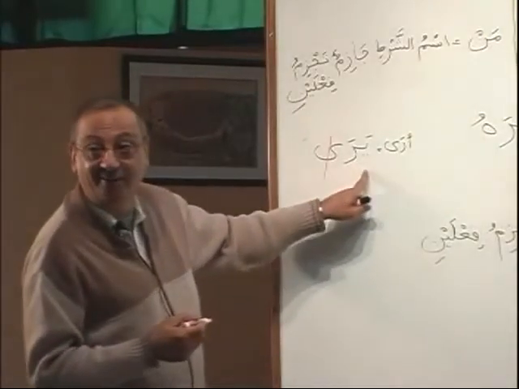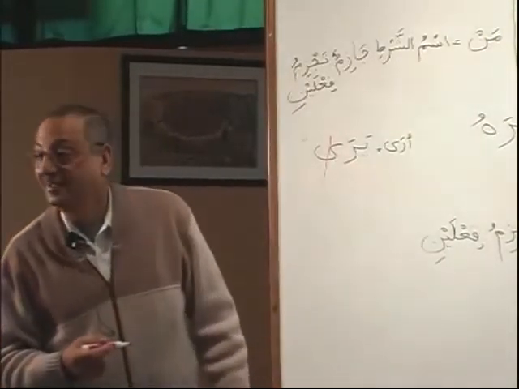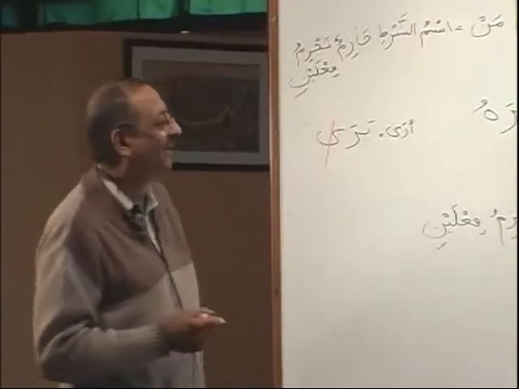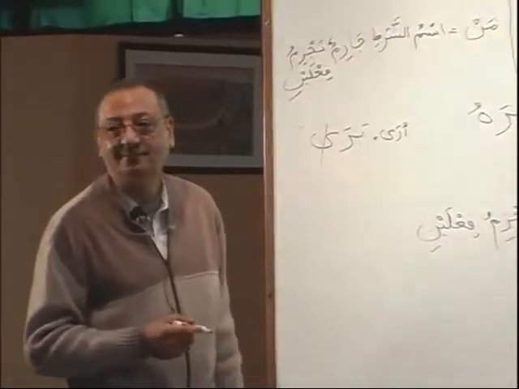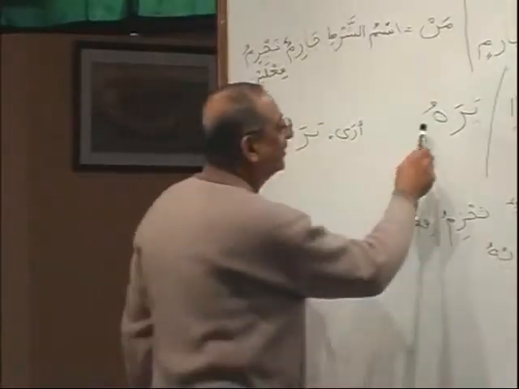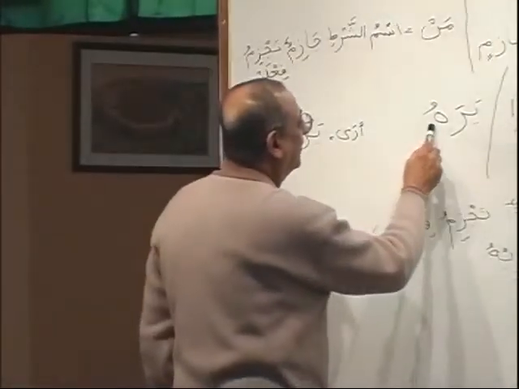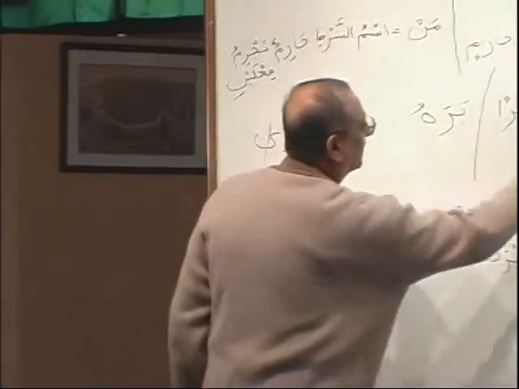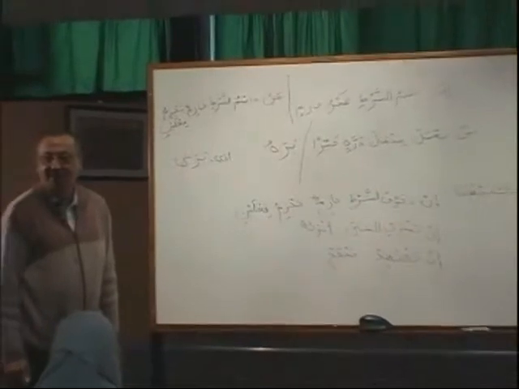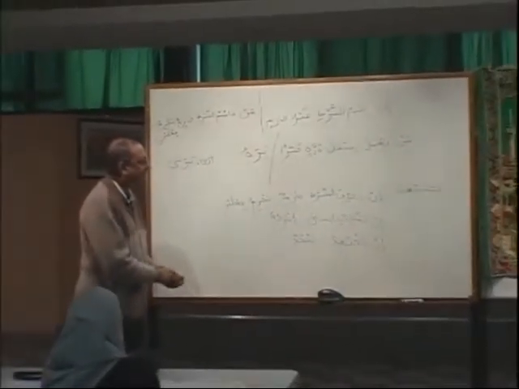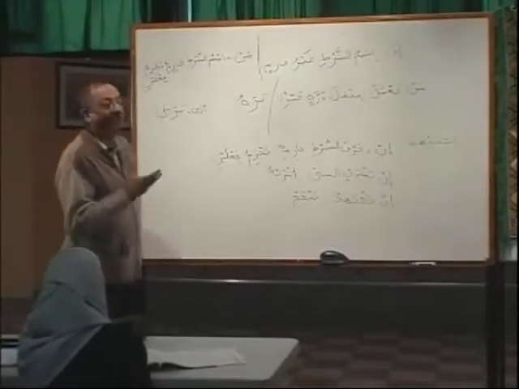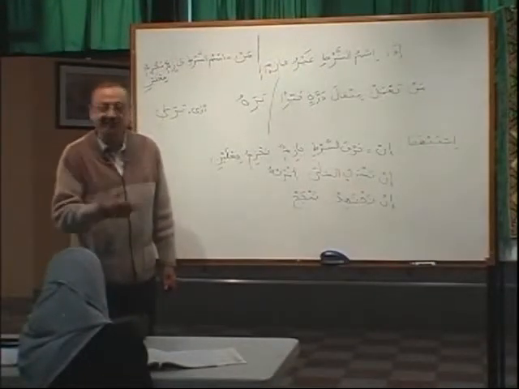Fi'lun mudari'un majzumun bi hadfi harfi illa. And then what is this? Who? Maf'ulun bihi. This maf'ulun bihi goes to mithqal. Goes to mithqal. Okay? The weight. Okay. So, brother, now we analyze it.